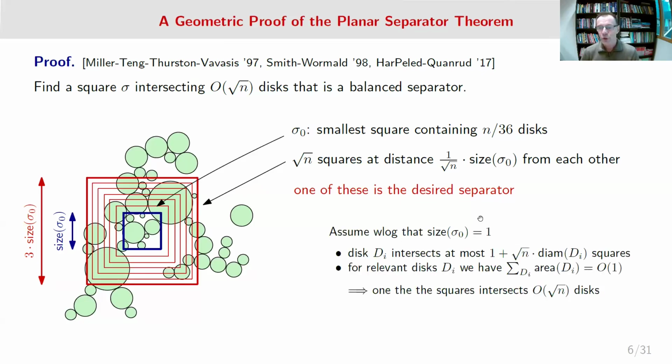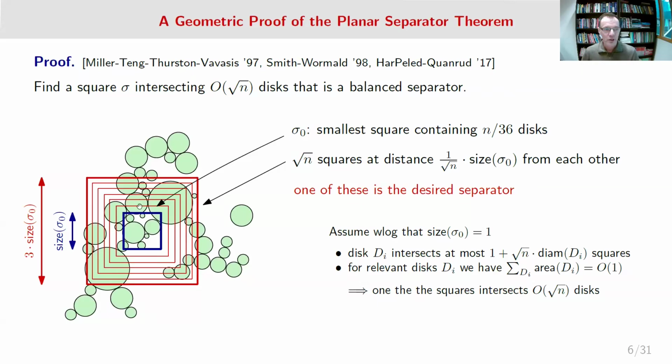We first want to show that I can pick one of these squares such that it intersects only square root of n of my disks. If you take a disk like this one, obviously the number of squares it intersects depends on its diameter.